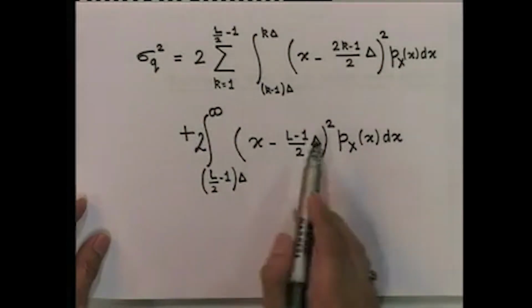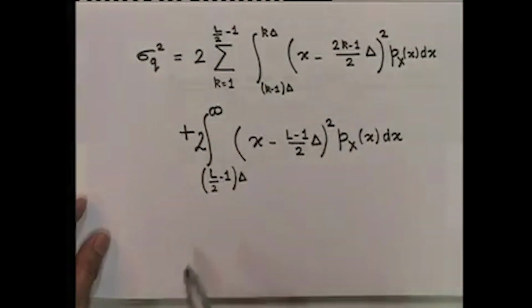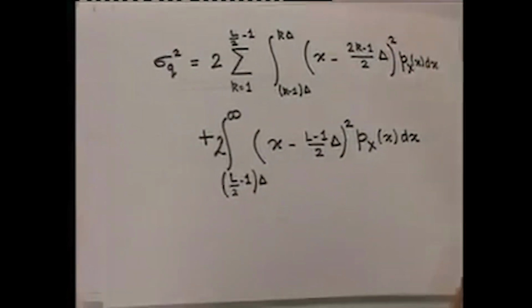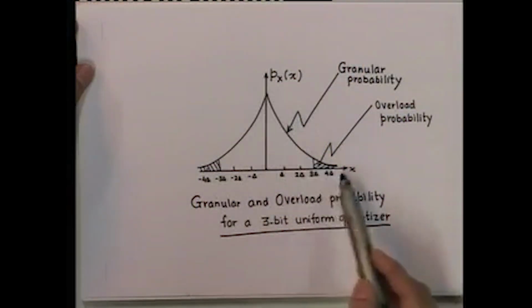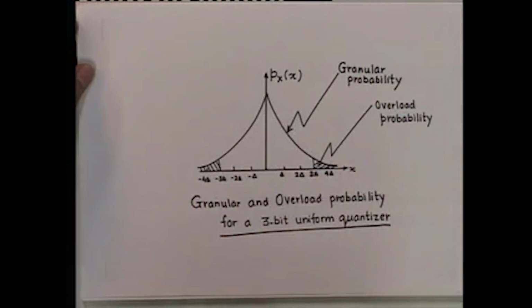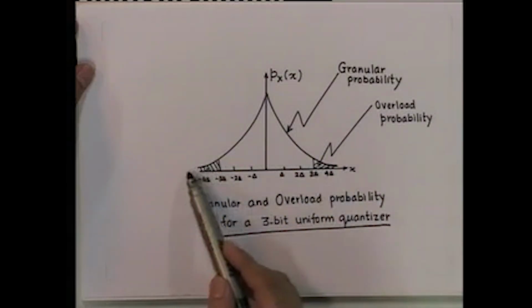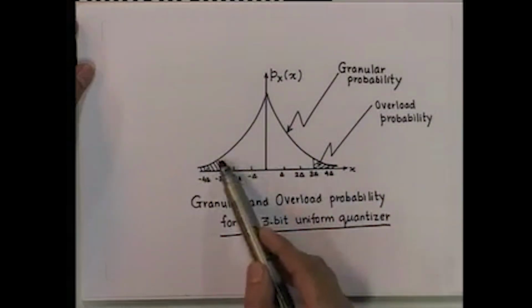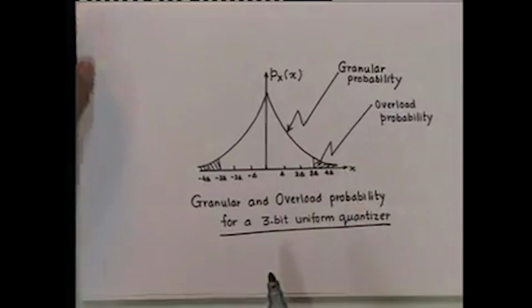Now, the probability that the input will fall into the overload region is called the overload probability. So, if we assume that the input has probability density function as depicted here, then this region denotes the overload probability and the region here denotes the granular probability.